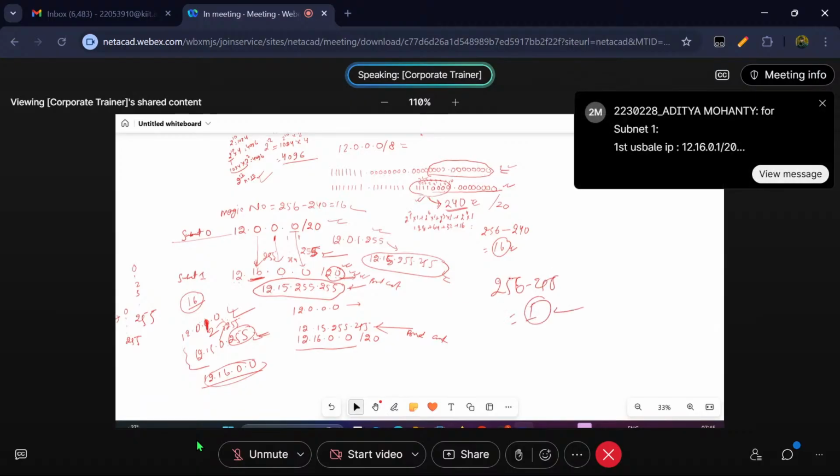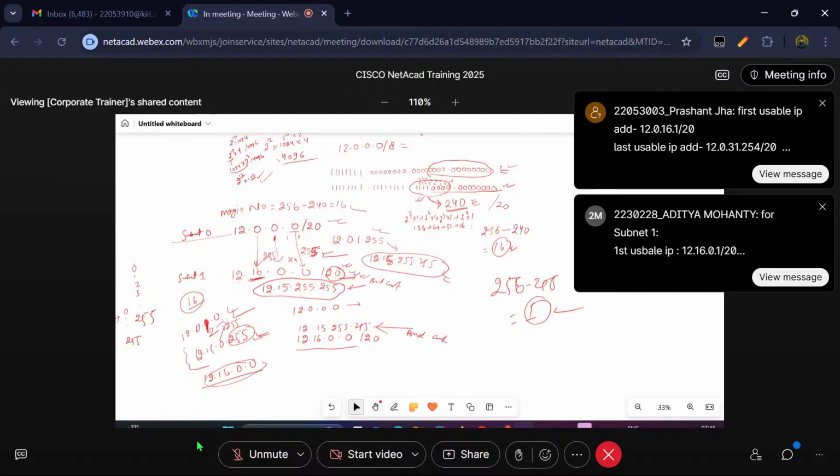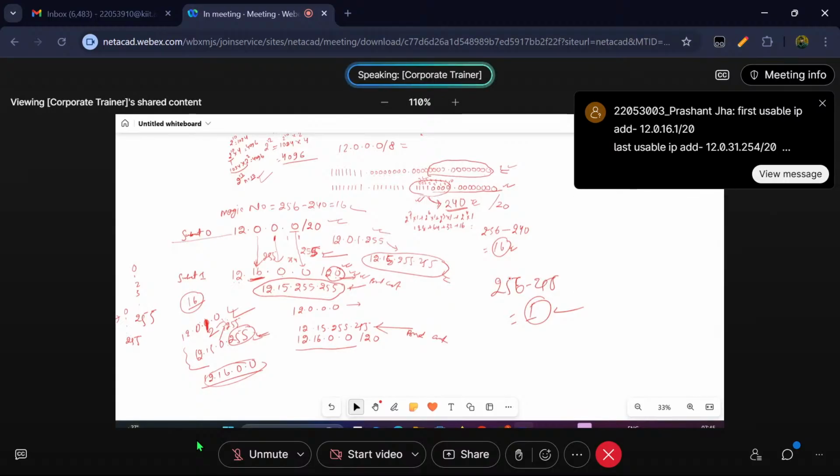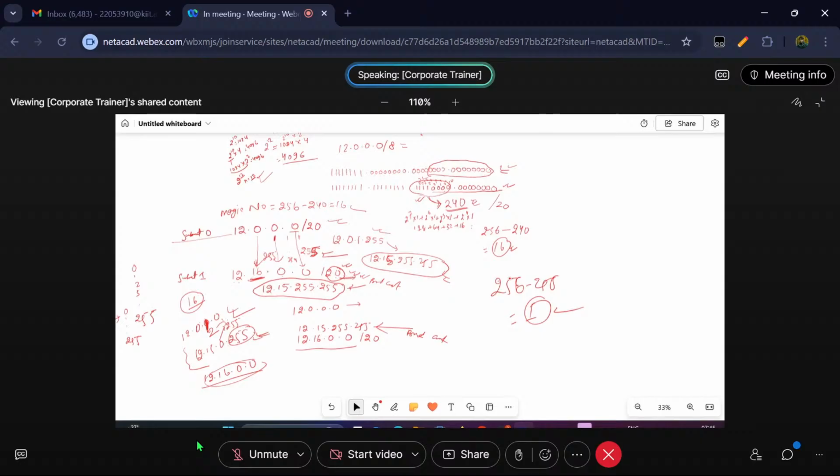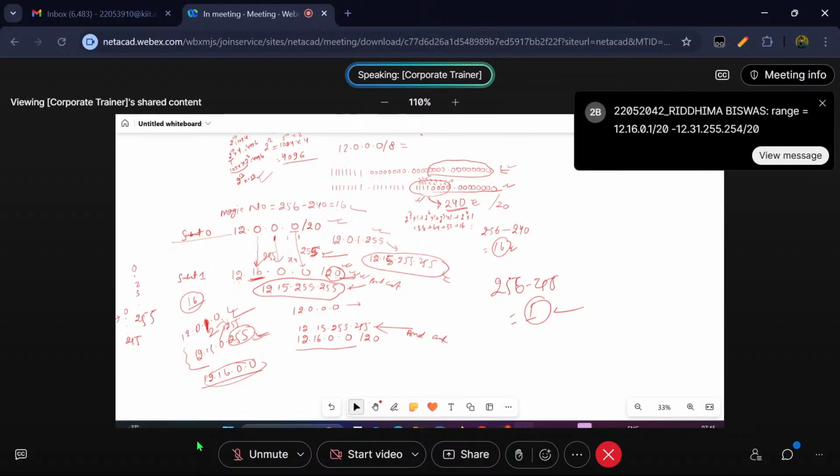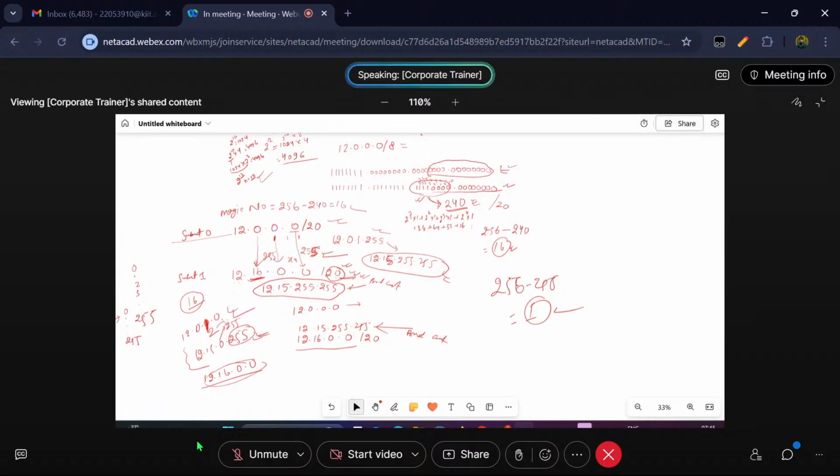And 1 is what, basically? If we add 1 in each and every subnet, will you get the 4,000 hosts per subnet? Just check it. If you write subnet 0 and subnet 1, convert 0 to 1 and check in between how many hosts you can configure, how many usable IPs are available for hosts.